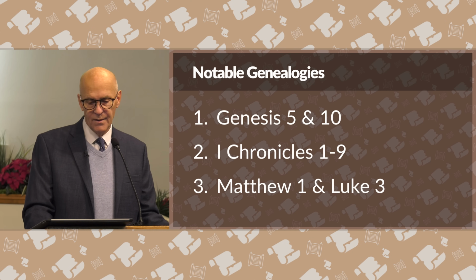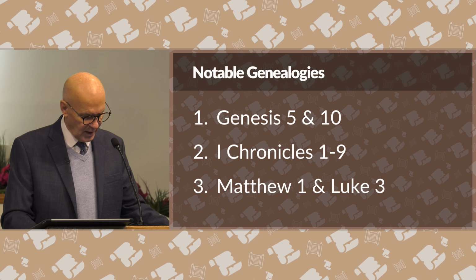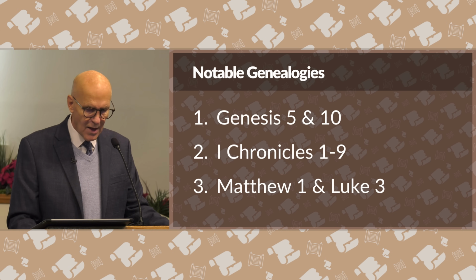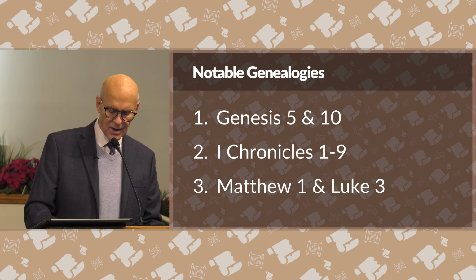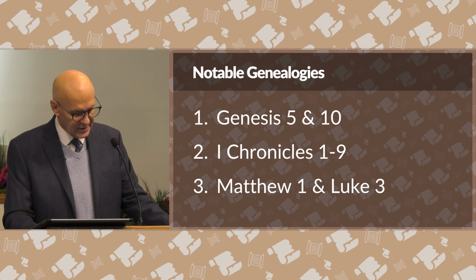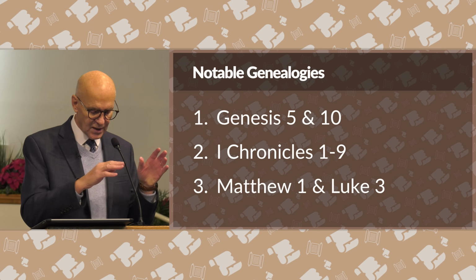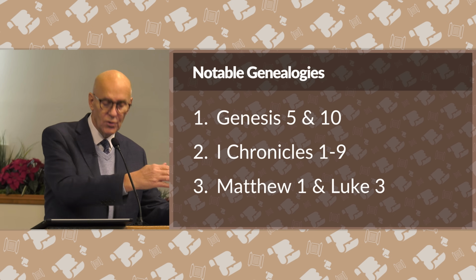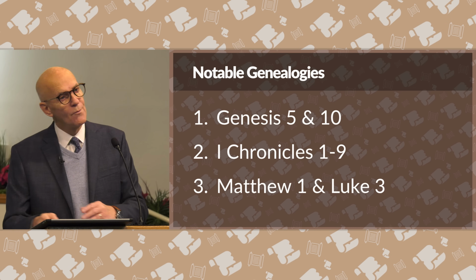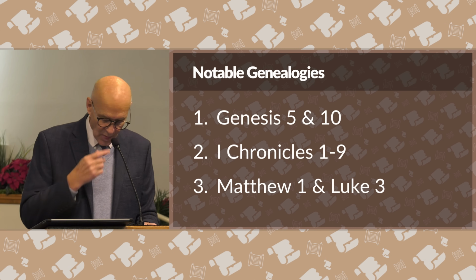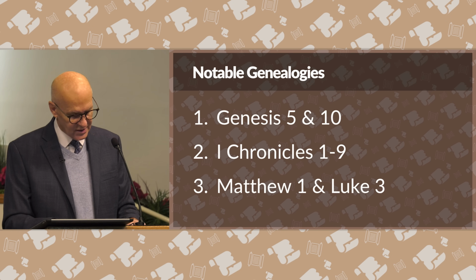And then the lineage that we see in Matthew chapter 1 and Luke chapter 3, these New Testament genealogies establish Jesus's messianic credentials, with Matthew focusing on legal lineage through Joseph, and Luke emphasizing biological descent through Mary. That's why we have 2 genealogies in the New Testament as far as Jesus is concerned.